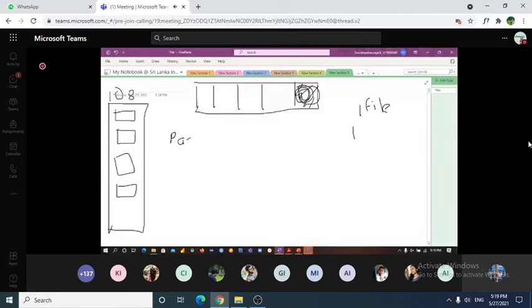So what happens? In pass 0, you take 108 pages and take 5 by 5 and fit it into memory. First page, second page, third page, fourth page, fifth page. Then comes 1 file. Then take the 6th page, 7th page, 8th page, 9th page, 10th page.